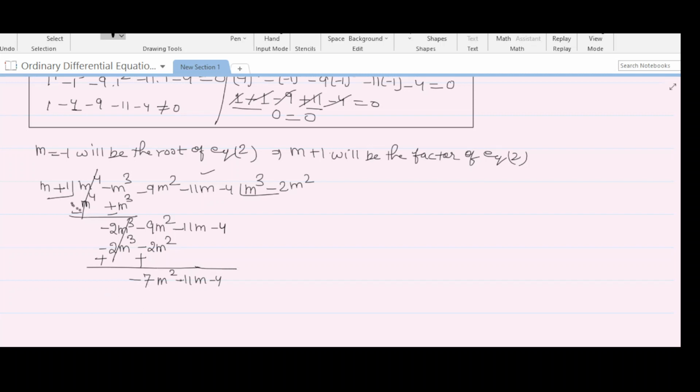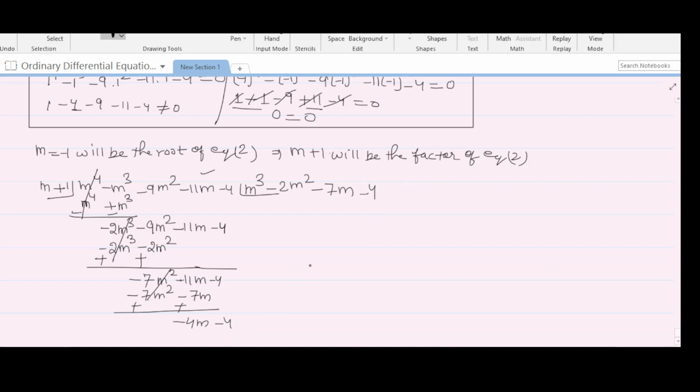Again we have to multiply it by minus 7m. We get minus 7m square minus 7m. Plus and again plus, it will be cut out, and again we get the value minus 4m minus 4.